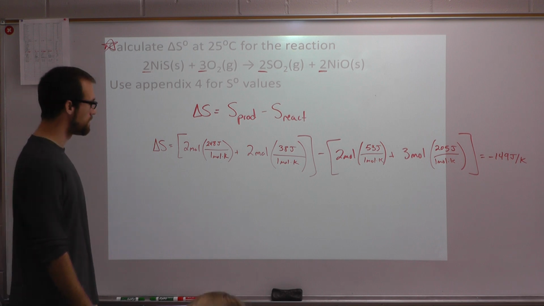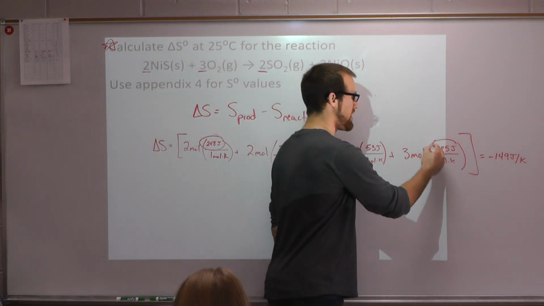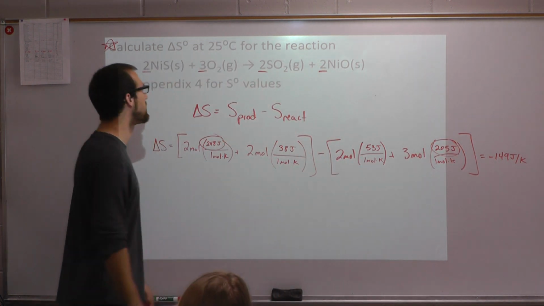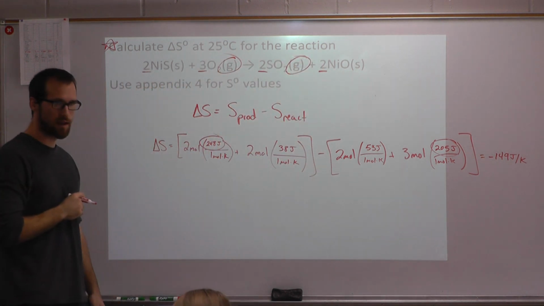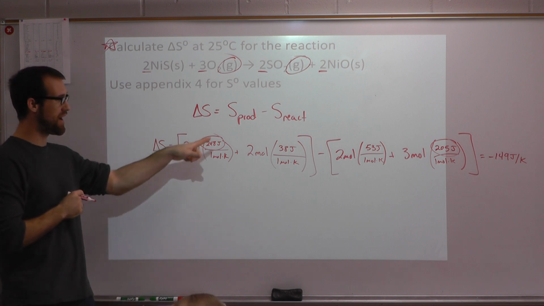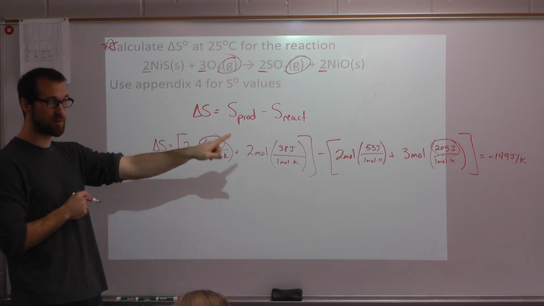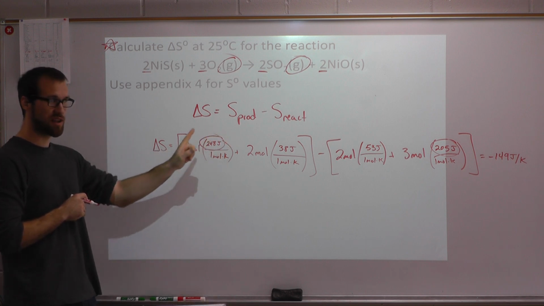Why that one has a high entropy, and why that one has a high entropy? Okay? They have more energy, so they're more disordered. That's why they have high positive entropy values. Okay? Just to help make a little connection there.